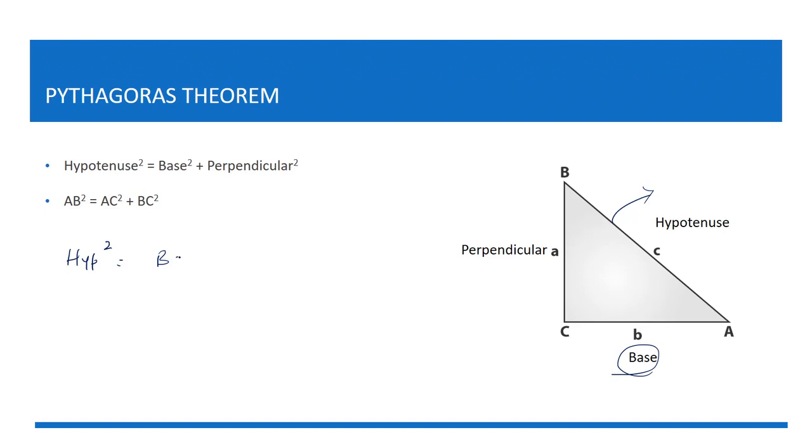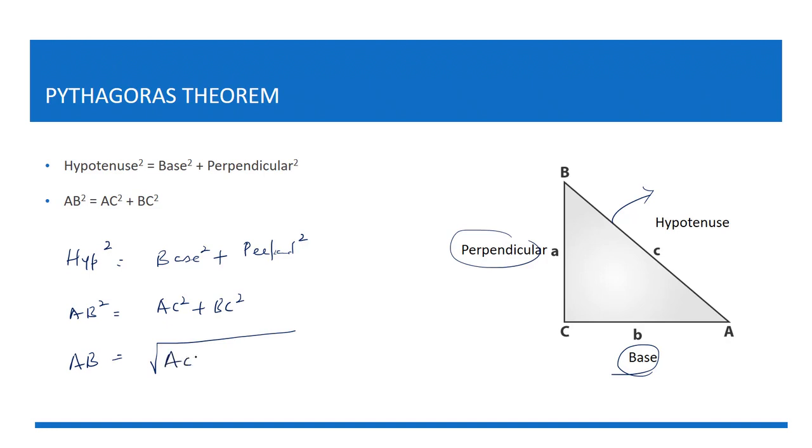That is, AB square is equal to AC square plus BC square, where AC is the base and BC is the perpendicular. So AB is equal to square root of AC square plus BC square.